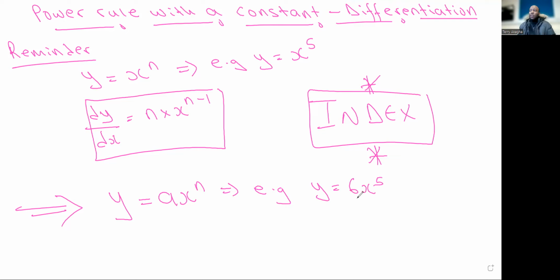Are you seeing it? So now there is a constant in addition to the index. Basically, in this video, we want to differentiate y is equal to ax raised to power n for any value of a and n.